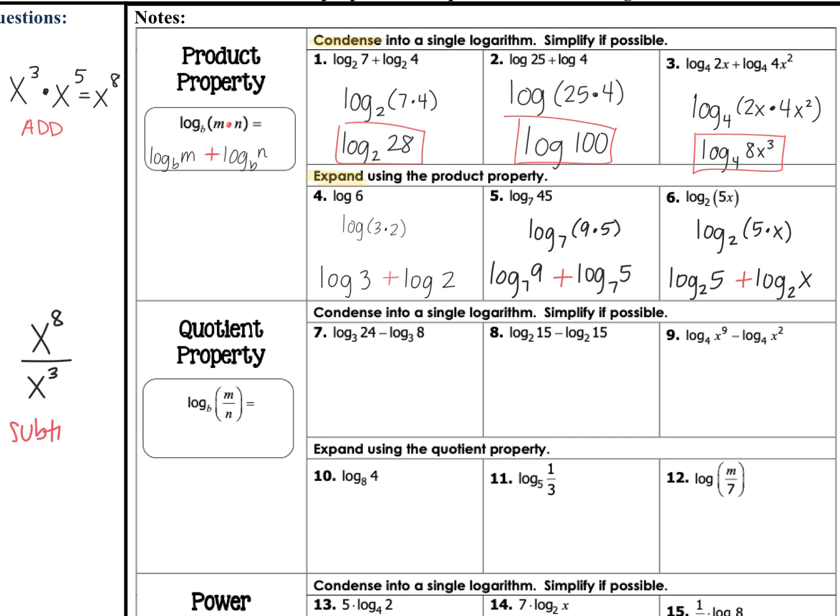You subtract your exponents, which would get me x to the 5th. Okay, so in the same way, when I have division with logarithms, I am going to subtract, okay? So here, if I have log base b of m divided by n, I'm going to do log base b of m minus log base b of n.